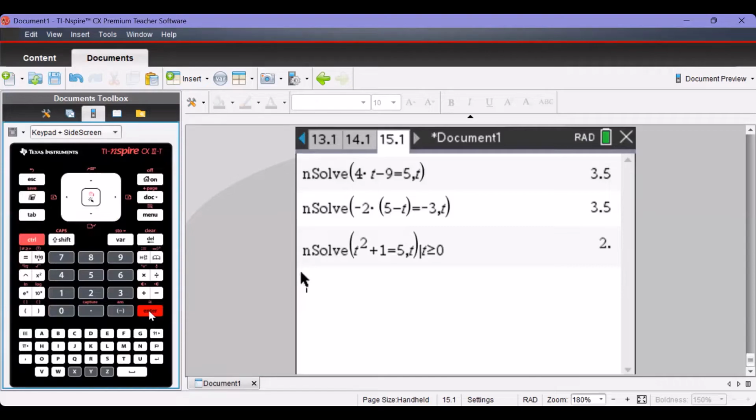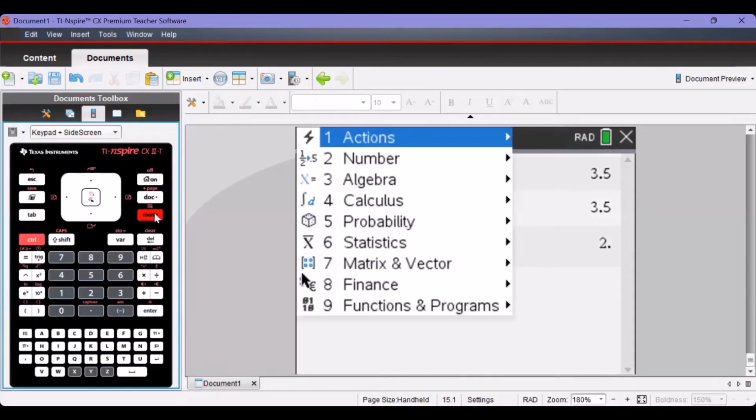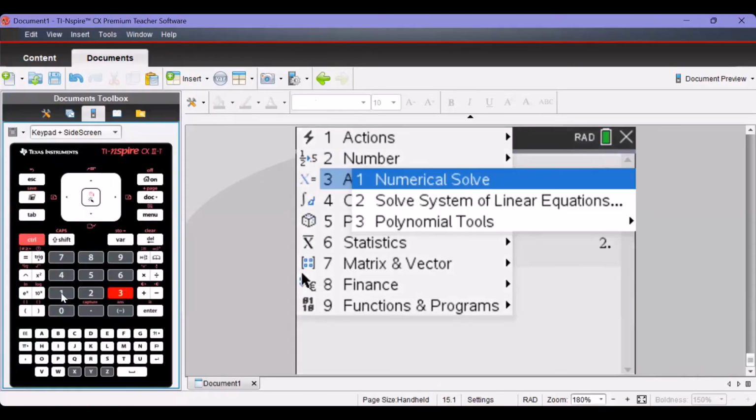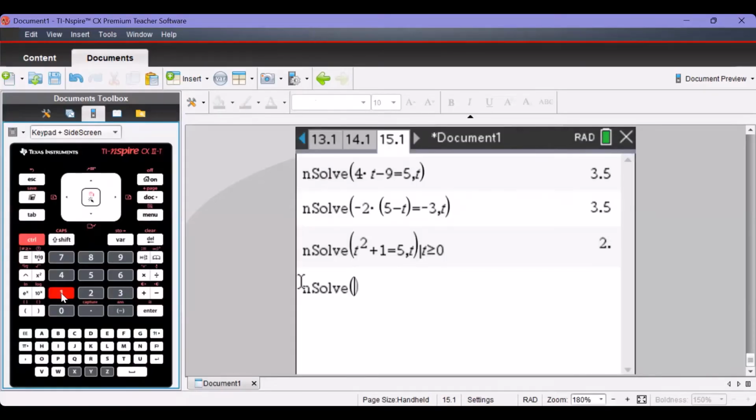And then what we do now is we can substitute that value of t to find the value of A. So we press menu, 3 for algebra, 1 or enter for numerical solve, and we will solve 4 minus A multiplied by 2 squared.